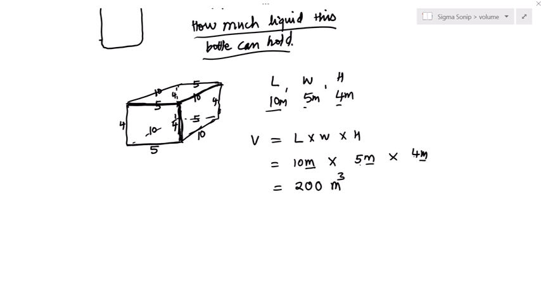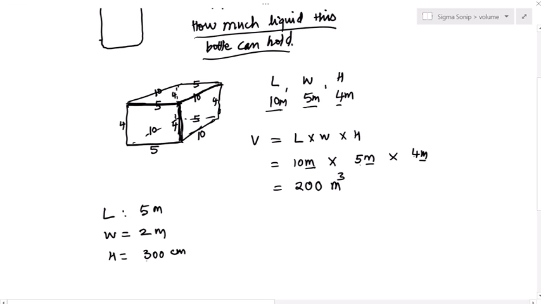Sometimes you will need to be careful to ensure that all the three measurements have the same unit. So if I give you a length of 10 meters, a width of 5 meters, and height in 200 centimeters, then you will need to convert into meters. For example, length of a box is 5 meters, width is equal to 2 meters, and I say height is equal to 300 centimeters.